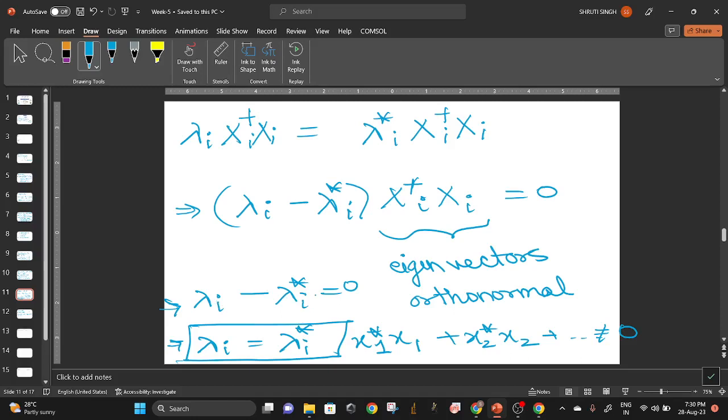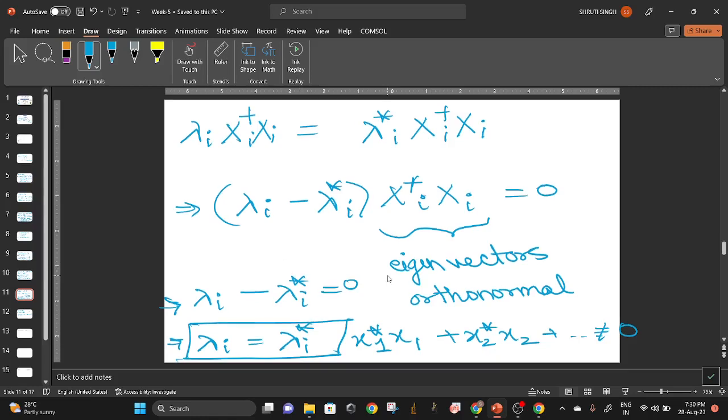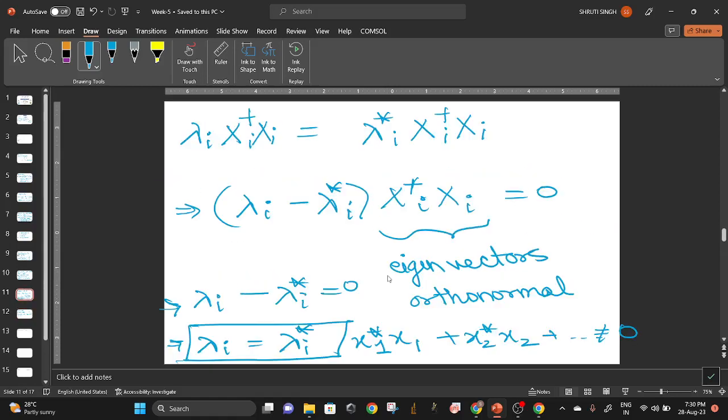If these two states are different, lambda I minus lambda star j, it will be j, if we are taking two different states. But as the states are degenerate, the energy will be the same.